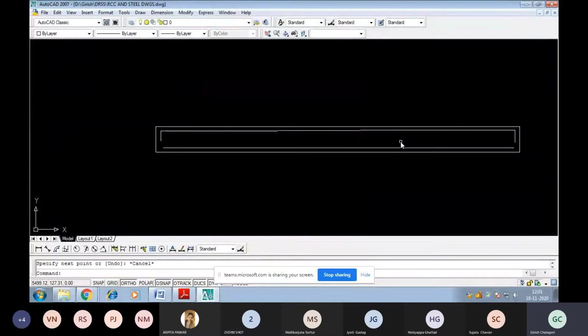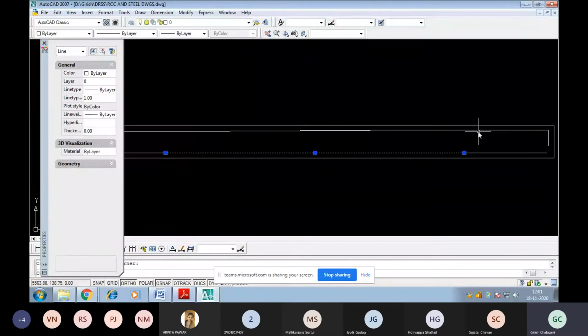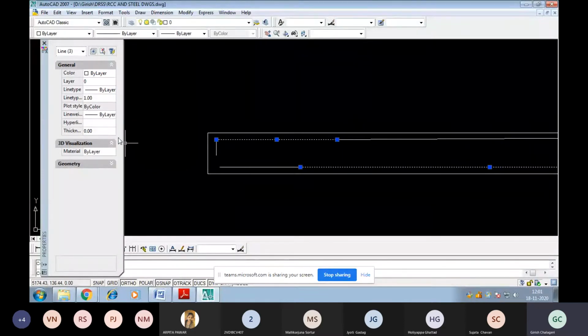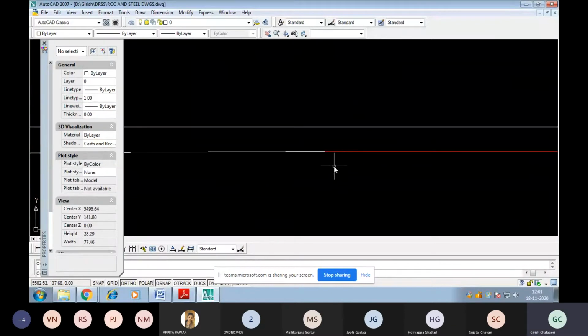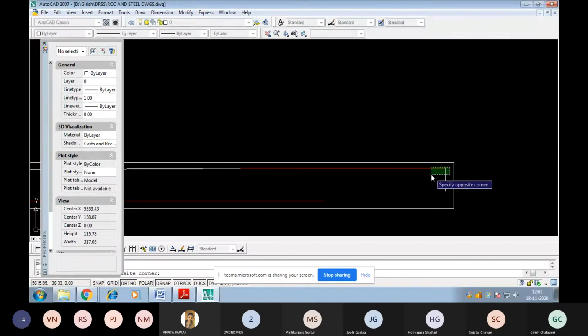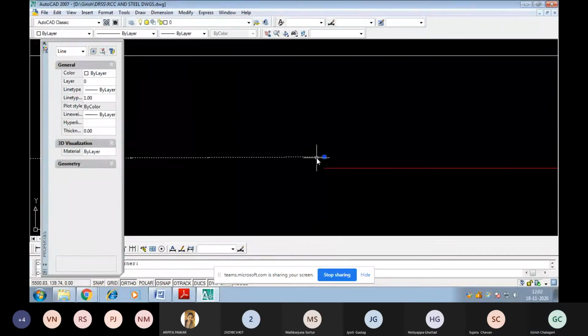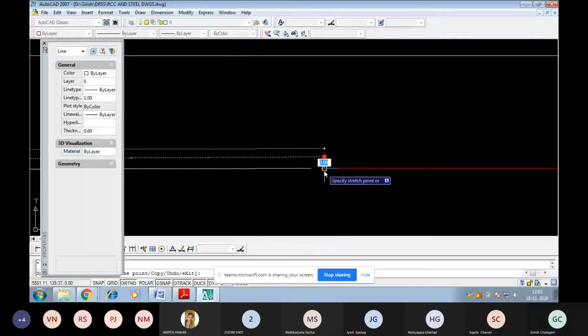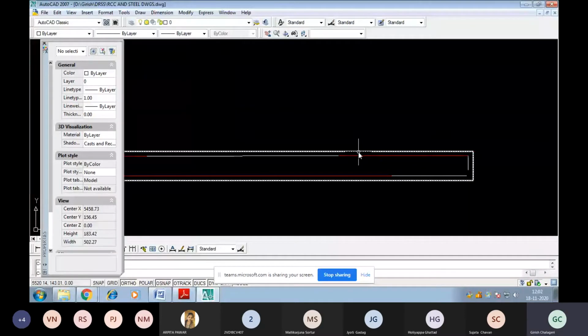So let us provide these main bars like this with the coloring. These are main bars. Remaining bars are, you can see here.